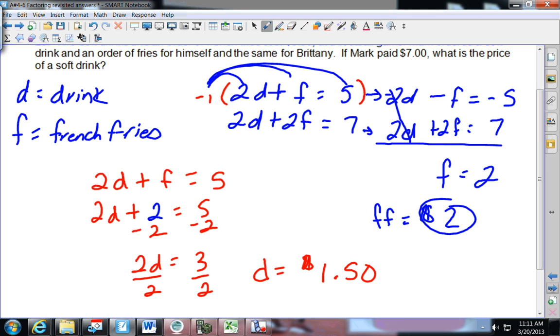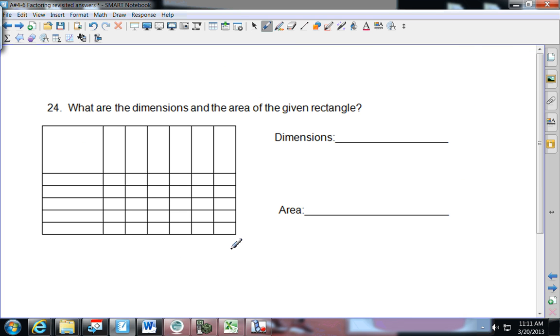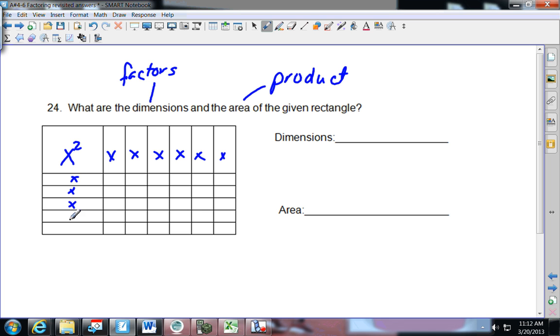Now, number 24. Number 24 says, what are the dimensions and the area of the given rectangle? Remember, dimensions are going to be my factors. Area is going to be my product. The product, that part's easy. That's what's listed here. See, I have x squared, and then these are all x's. 1, 2, 3, 4, 5, 6, 7, 8, 9, 10, 11.